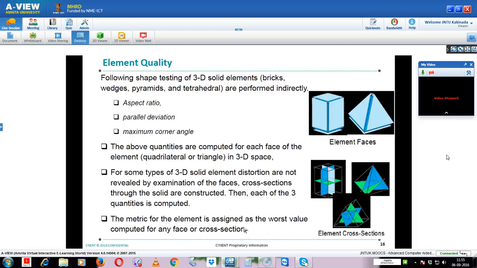So software will check the cross sections of these elements and check these quantities: aspect ratio, parallel deviation, and maximum corner angle. It will assign to the element the worst value for any face or cross section.